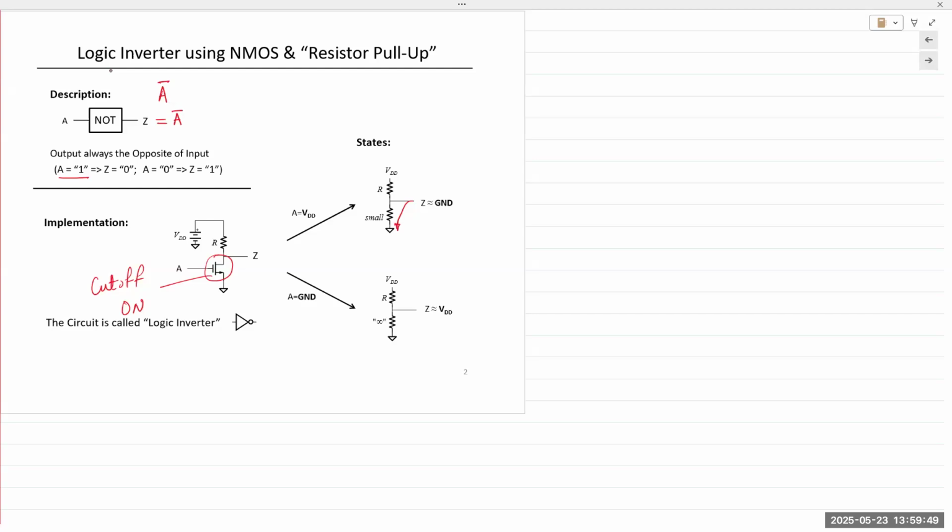We can model that flow of current using Ohm's law, and say the channel has some resistance, which is of course very small. Because it's very small, the voltage drop across that model resistor is very small. And so the output is very close to 0 volts. So when it's on, we get logic 0. When it's off, we get logic high. That's an inverter circuit.